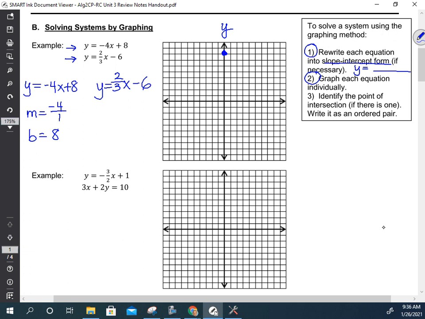Your slope is negative 4 over 1, so go down 1, 2, 3, 4 to the right 1. Repeat that. And then draw your line. Hopefully your line will be a lot better than mine.